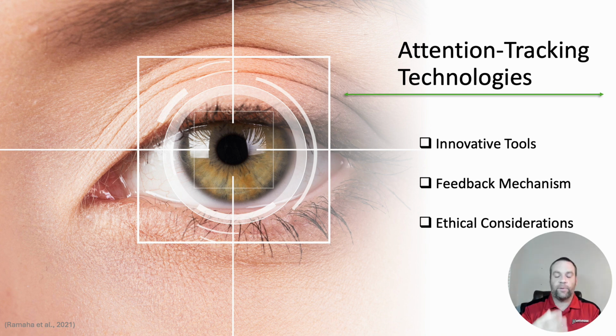In this ever-evolving world of e-learning, attention tracking technology represents a fascinating tool that can be implemented for online learning to assess engagement. These tools can monitor a student's focus in real time, providing insights into how engaged they are with the material.